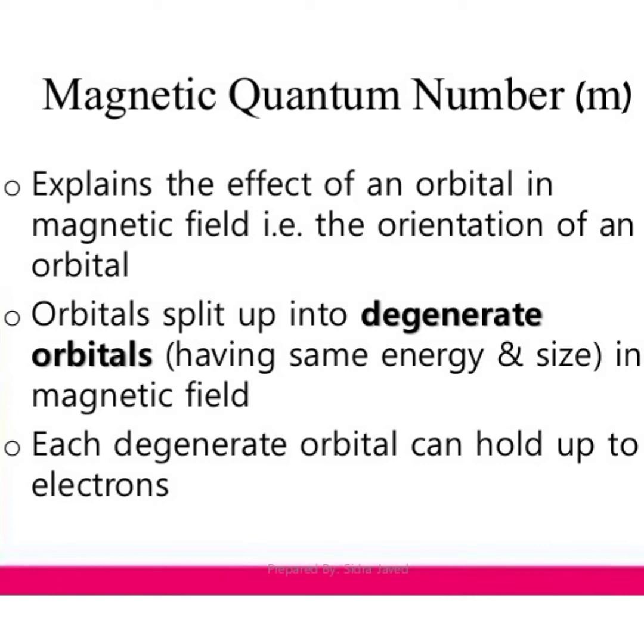Next one is magnetic quantum number. It explains the effect of an orbital in a magnetic field, that is the orientation of an orbital. An orbital splits up into its degenerate orbitals having the same energy and size in a magnetic field. Each degenerate orbital can hold up to 2 electrons.